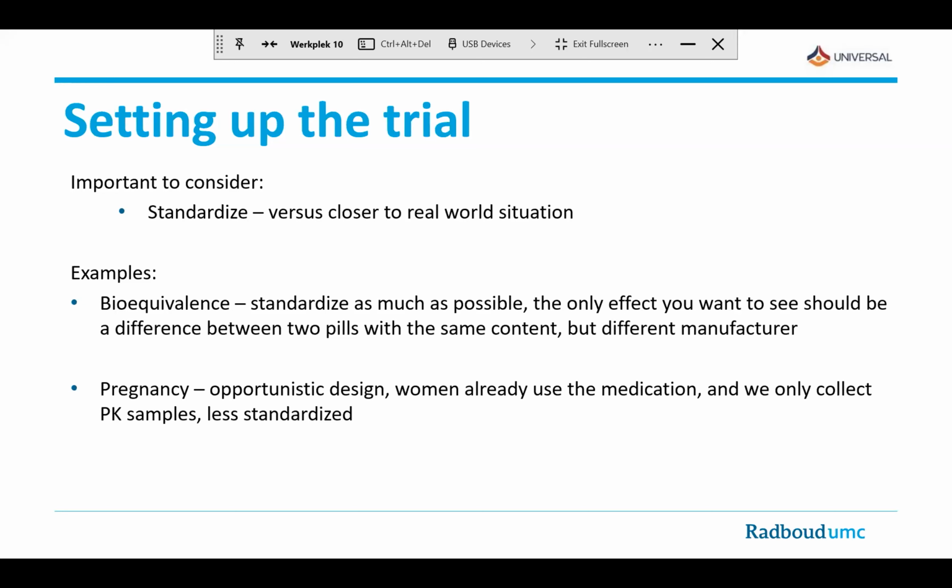But we also do studies, for example, in children with HIV, and studies in pregnancy, where we use opportunistic designs, which means that, for example, in pregnancy, women are already using the medication, and we only collect PK samples. So that's less standardized, but that mimics the real world situation better than a very standardized setup.